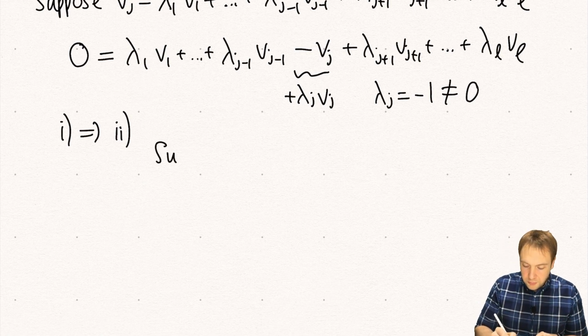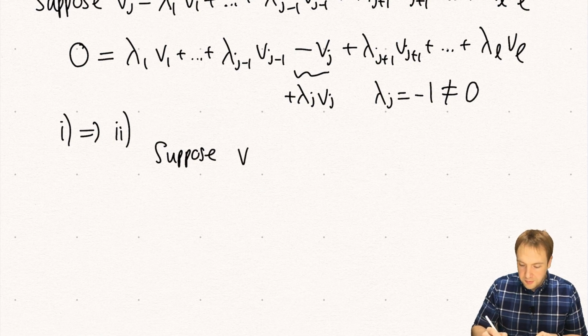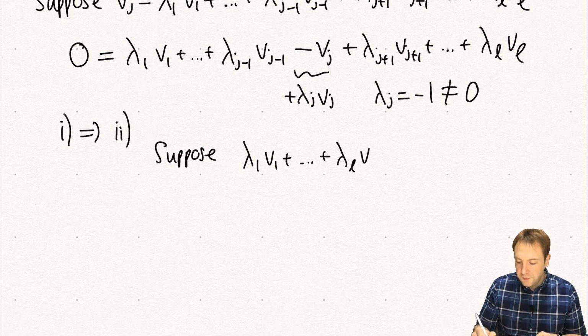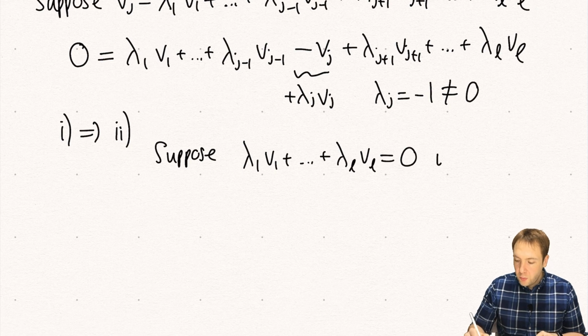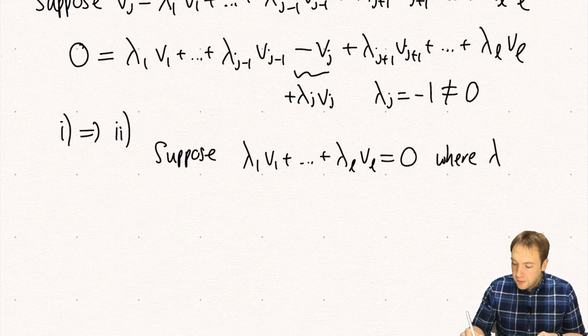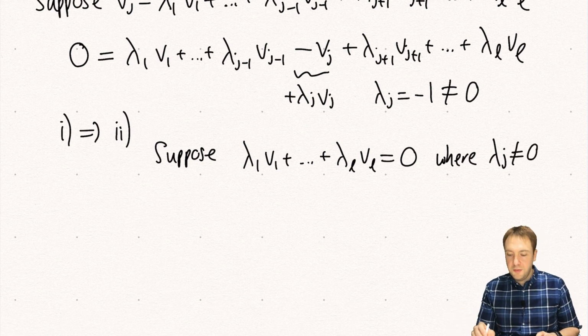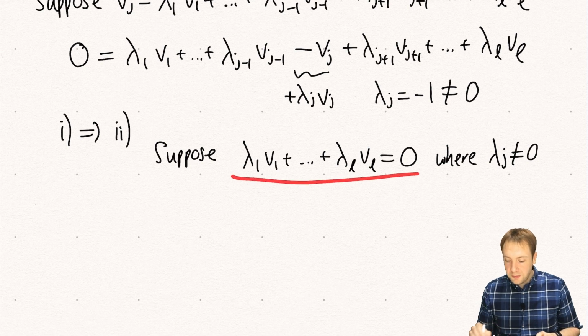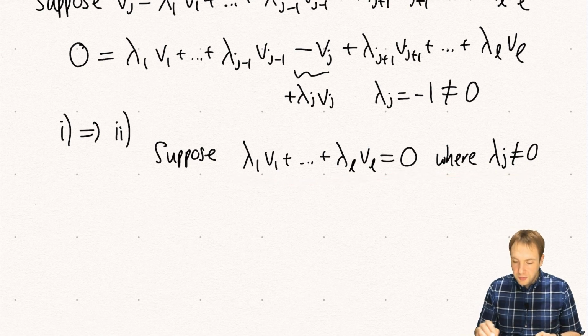So we assume that I have a linear combination, lambda 1 v1 up to lambda l vl, which is 0, where at some point, let's also call it j, this coefficient is not 0, because this is the definition of linearly dependent. We can find such a linear combination.